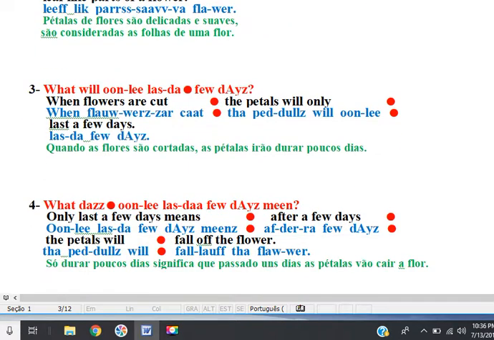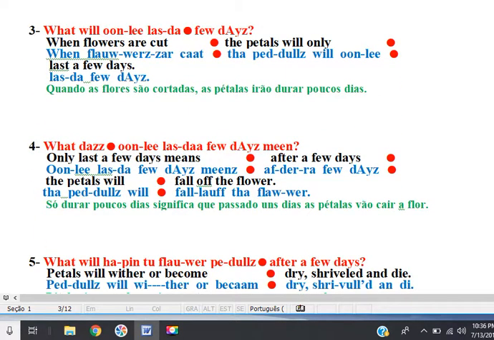Okay, good. Let's see line 3. When flowers are cut, the petals will only last a few days.